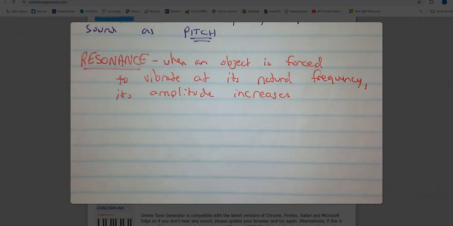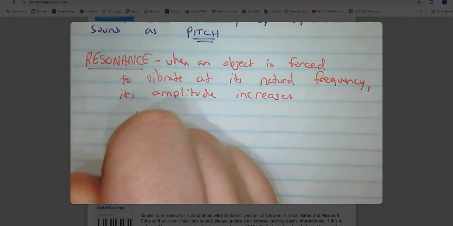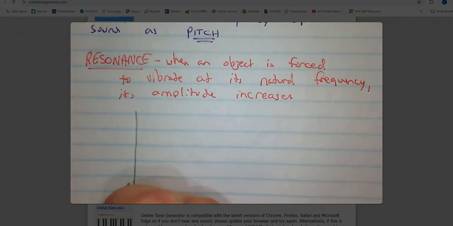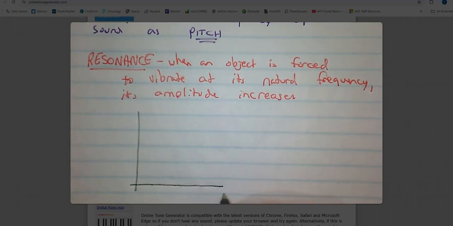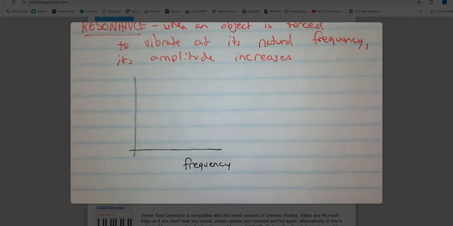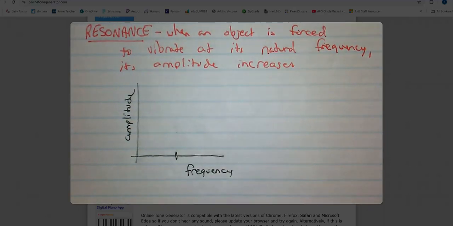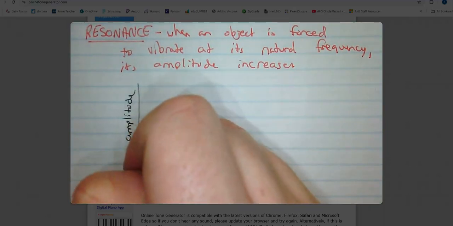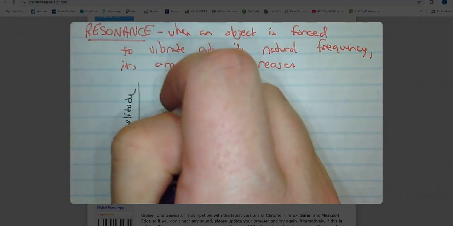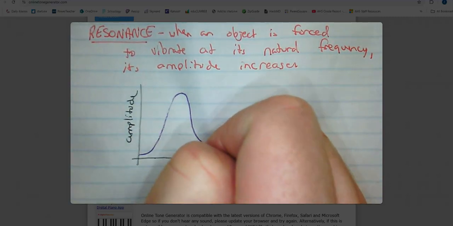I'd like to draw for you a little diagram of this. If I make a graph where I put frequency on the x-axis and I put amplitude on the y-axis, there is some frequency, we'll call it the natural frequency right here, that causes resonance, that causes the amplitude of vibration to be larger than every other frequency, right?